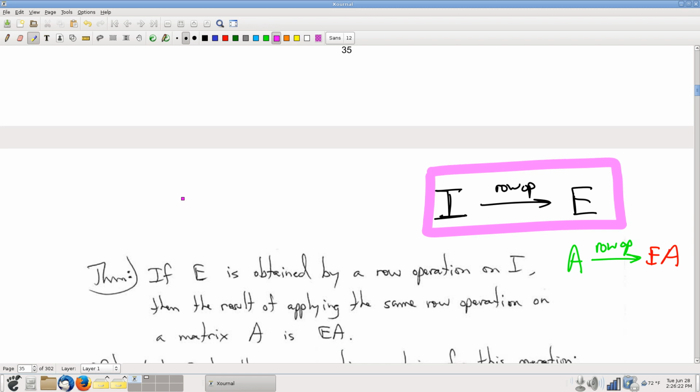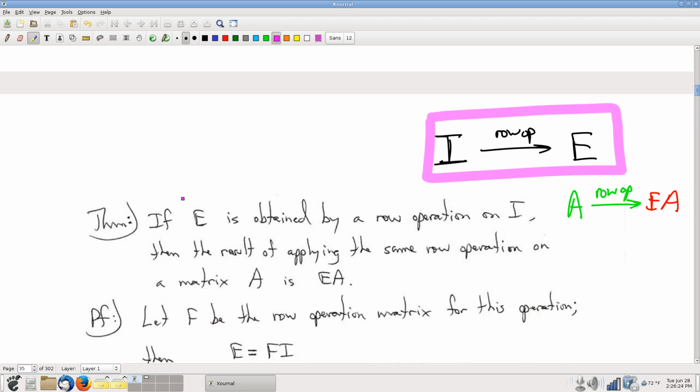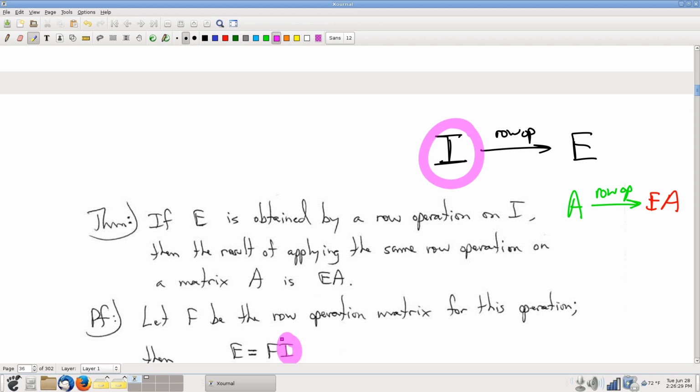All right. So, well, we start with the identity matrix. We do a row operation to it. Row operation, you'll note here, I'm representing as left multiplication by that row operation matrix F. And the result is this matrix E. Right.